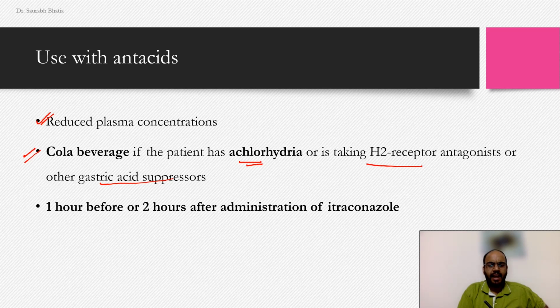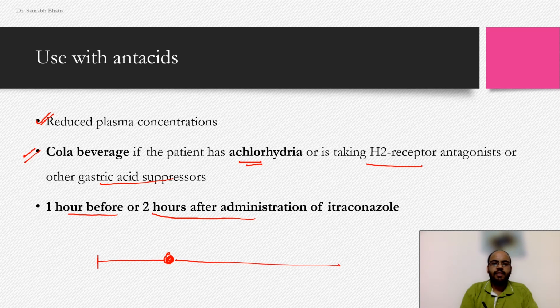And if you really want to use a gastric acid suppressor, you give the gastric acid suppressor 1 hour before or 2 hours after administration of itraconazole. So if this is itraconazole, you give the gastric acid suppressor, let's say a PPI, 1 hour before or 2 hours after taking itraconazole.